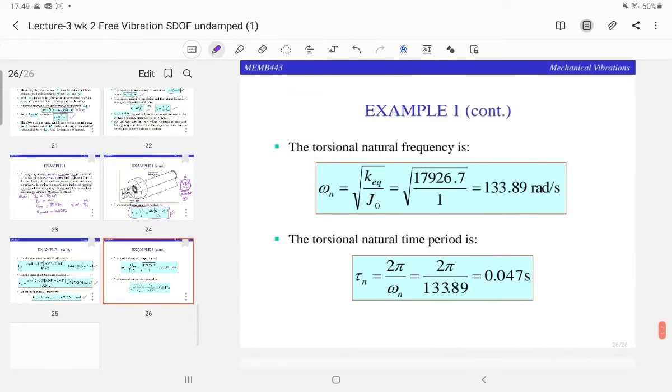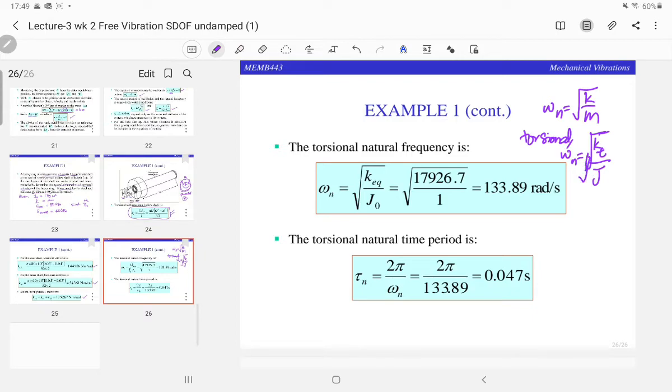From the equivalent stiffness, if you remember, we have the equation omega n equals square root of k over m. But in this case, because this is a torsional system, make sure you take note that for a torsional system it uses K torsional, in this case the equivalent stiffness, divided by J, instead of m.